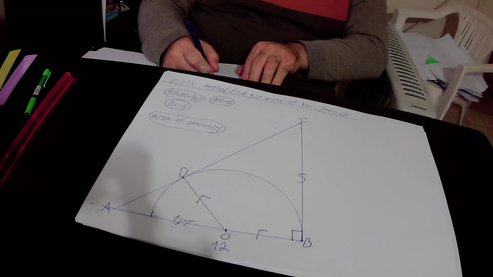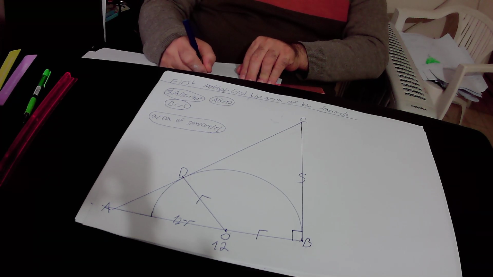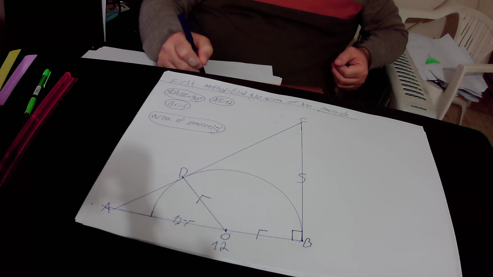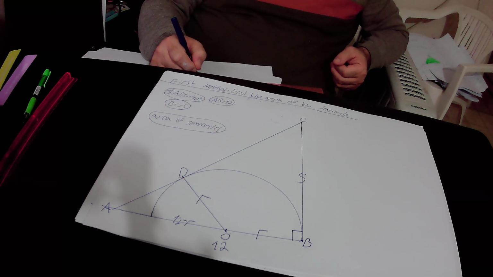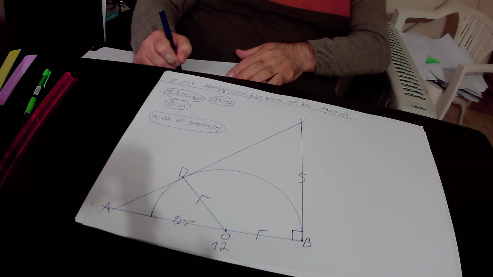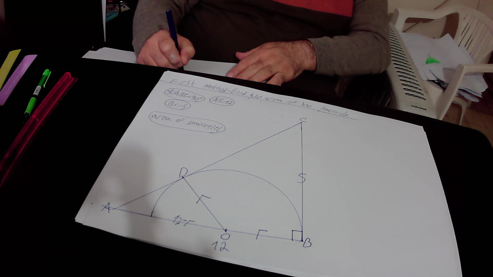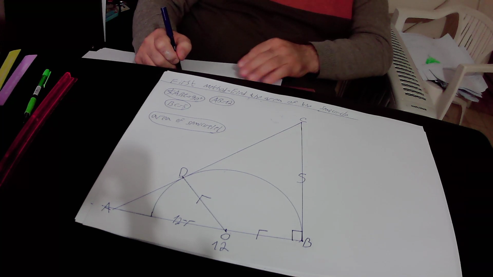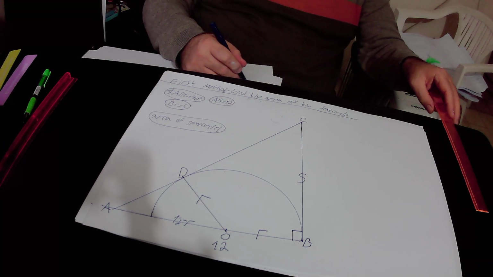In the right triangle ABC, according to the Pythagoras theorem, the square of the hypotenuse equals the sum of the squares of the perpendiculars.